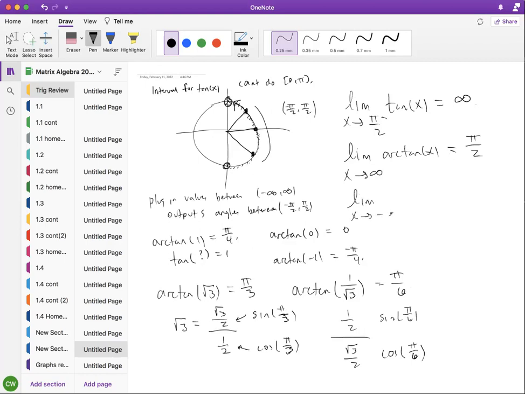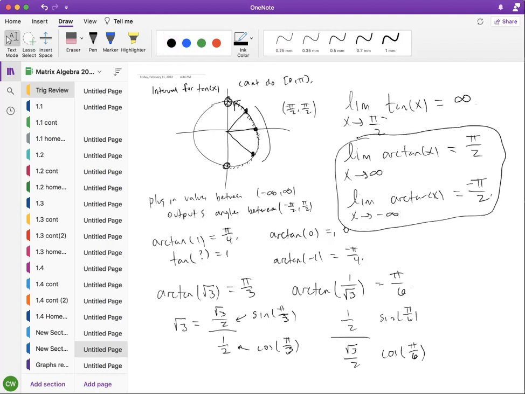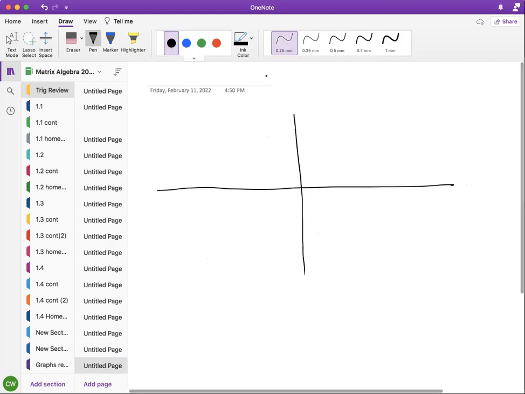As you look at really small x values, the angles must be approaching negative pi over 2. So what's cool about arctangent is that it's actually bounded.